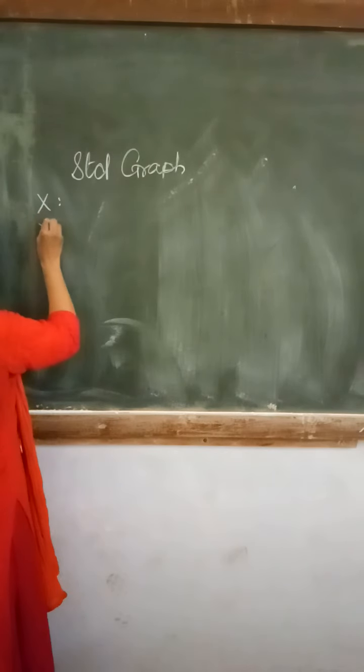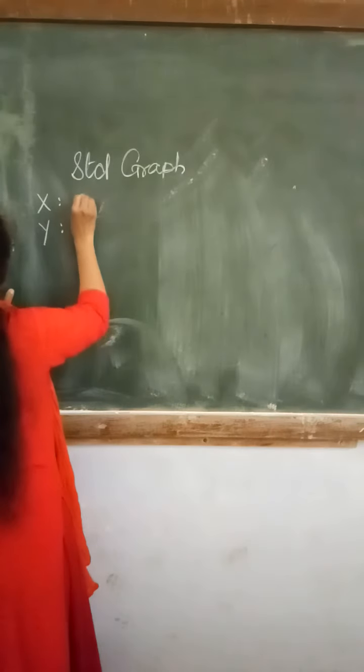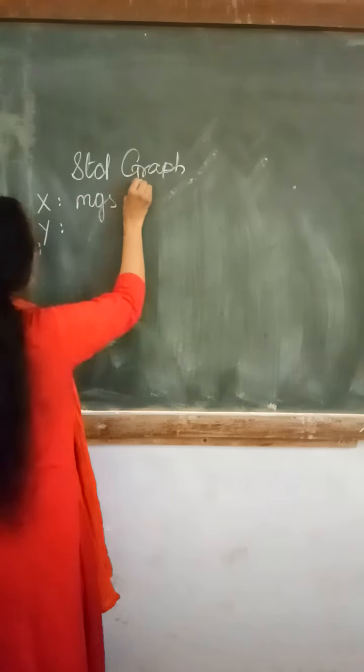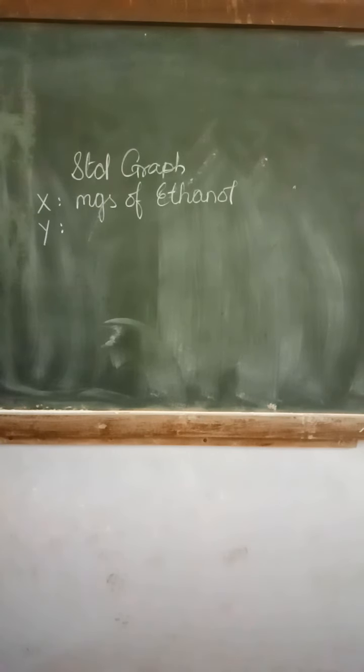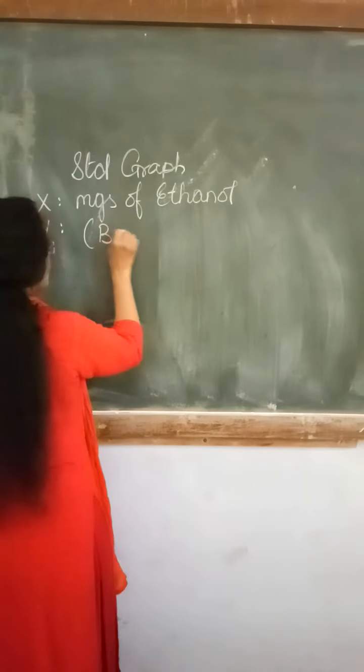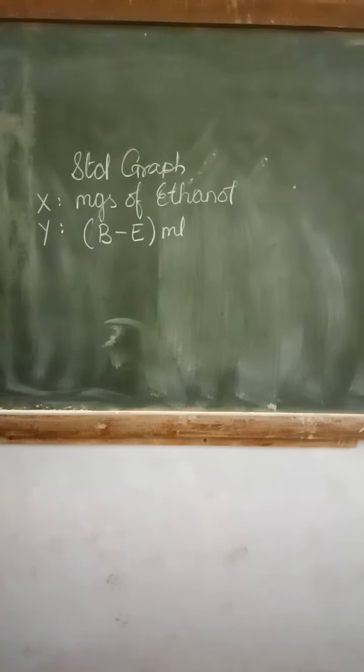Now in the standard graph, how are you going to make it? On the x-axis and on the y-axis, which values are you going to take? On the x-axis you are taking milligrams of ethanol, and on the y-axis you are going to take B minus E, where B is blank and E is experimental, in ml.